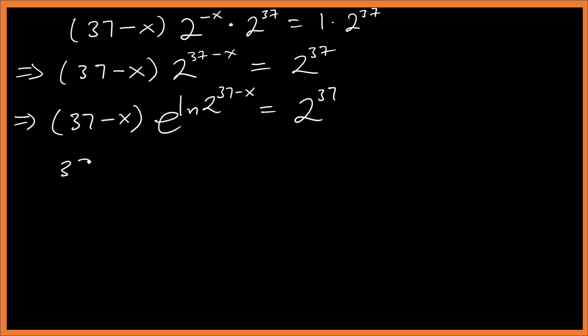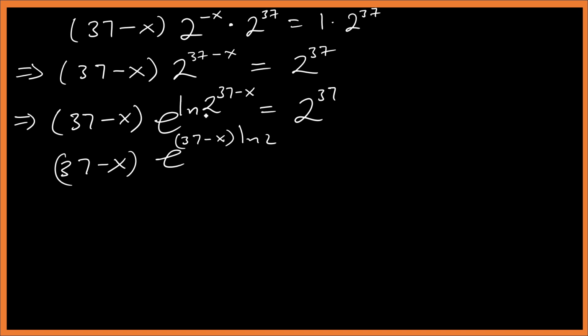So I have 37 minus x, e raised to, so 37 minus x will come here. So we have 37 minus x ln of 2.